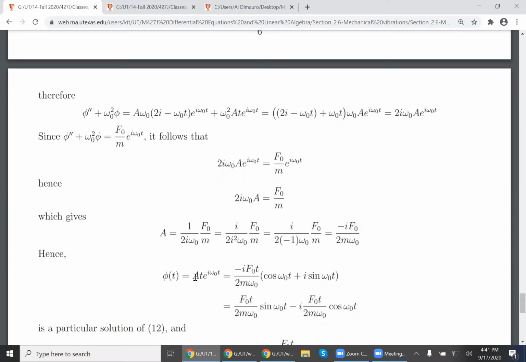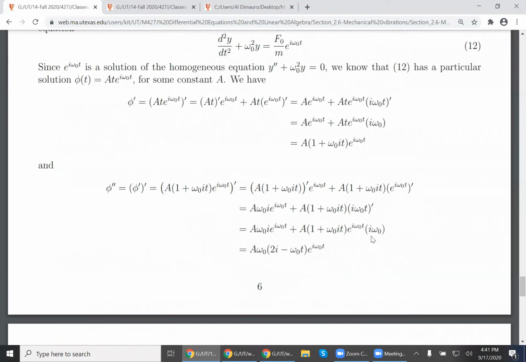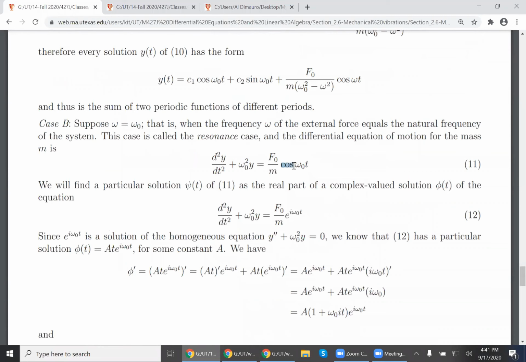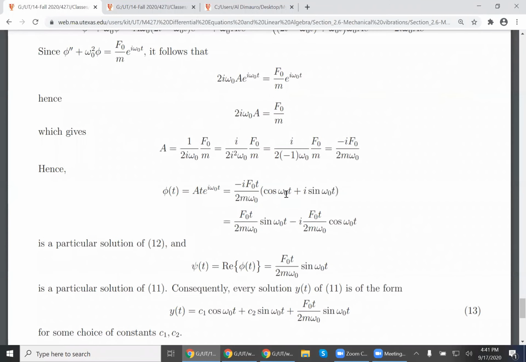Lastly, we replace a by this. We apply Euler's formula to jump from here to here and expand parentheses. Since on the right-hand side we have cosine, a particular solution of this is the real part of this expression, means this.